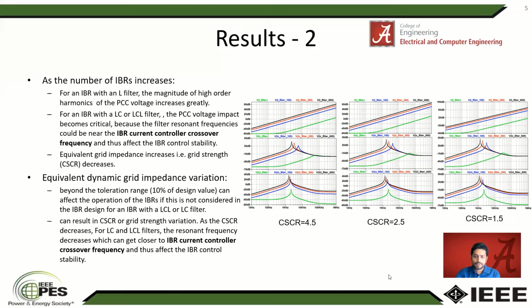If you can see, for the 4.5 CSCR, for the maximum number of IBRs, the resonant frequency is at 2 kilohertz, but for 1.5 composite short circuit ratio, it is at 1 kilohertz. So that means it's getting lower, and this can interfere with the IBR controller crossover frequency, and also can lead to IBR abnormal operation, such as losing the stability.